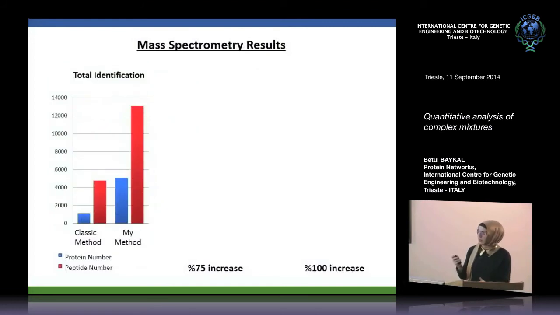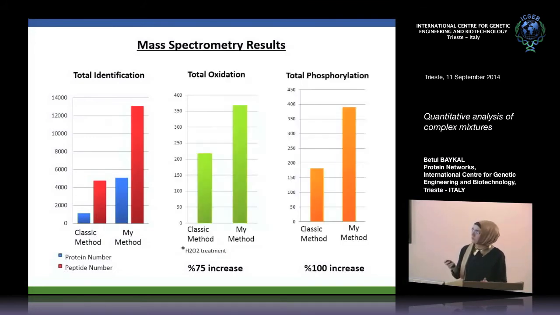What is also very good is that the total identification number increased a lot. With the classical method, we were able to identify 1,000 proteins. In my method, it went up to 5,000 proteins, and the peptide identification also increased a lot. And what's also good is that we found this method can also be used for quantitatively mapping the oxidation and phosphorylation sites.